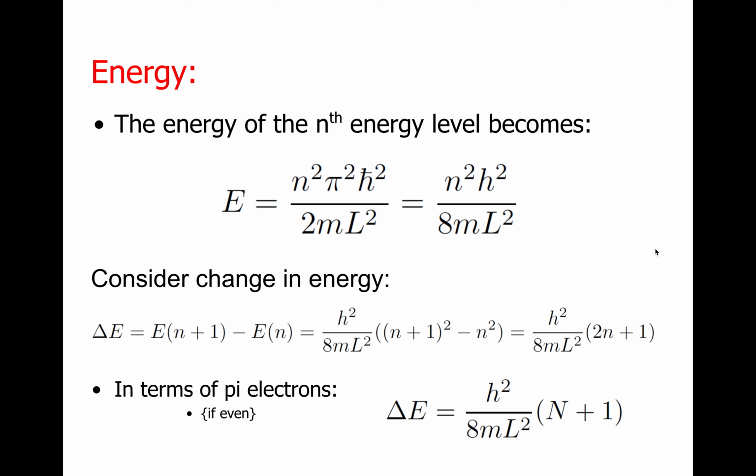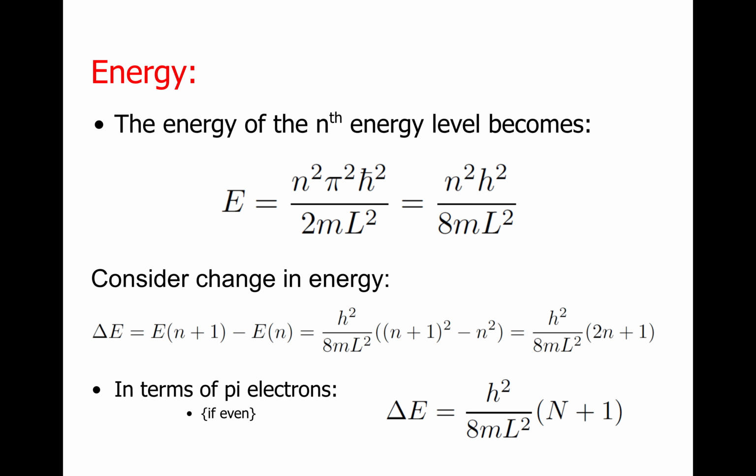But I don't want it in terms of energy levels, since I don't know how many energy levels there are in my system, but I do know how many pi electrons there are in my system. Each energy level can have 2 pi electrons. Let's just give you an example.